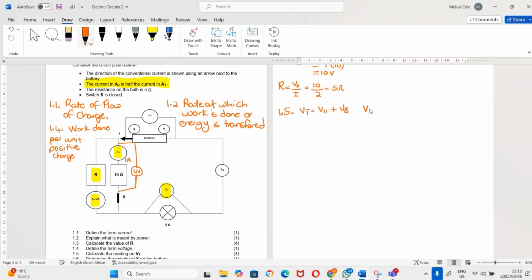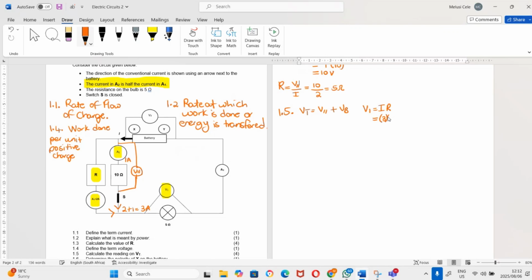And the value of V1 is equal to IR, which is, now we need to find the total current that is flowing through the bulb because the bulb is connected in series. Now we know that 1 amp is coming from there and 2 amps is coming from there. So 2 plus 1 gives us 3 amps of current that is flowing through the bulb.